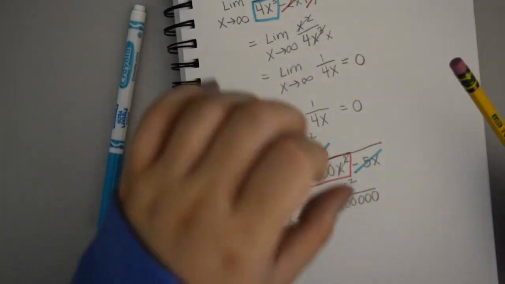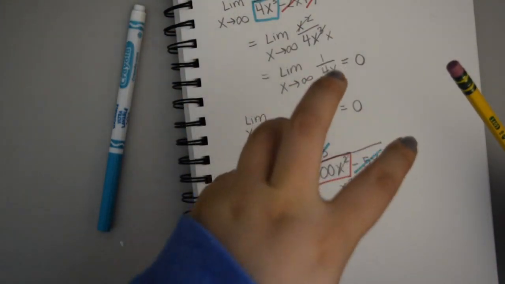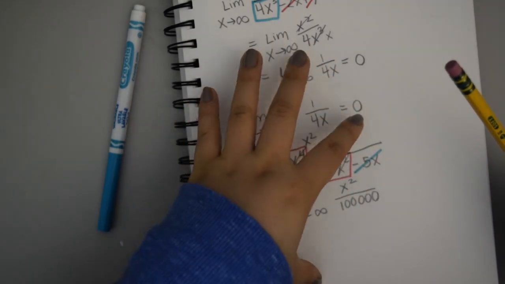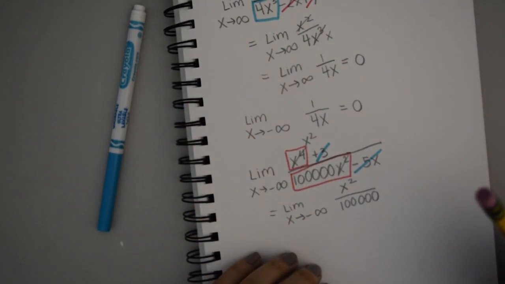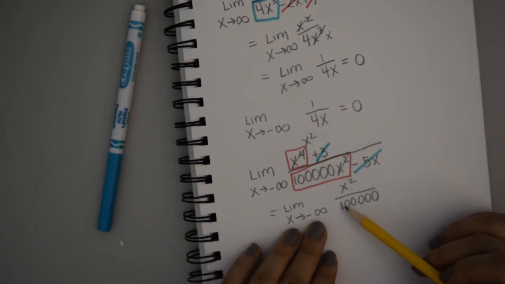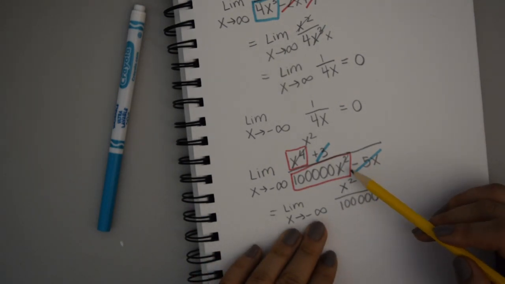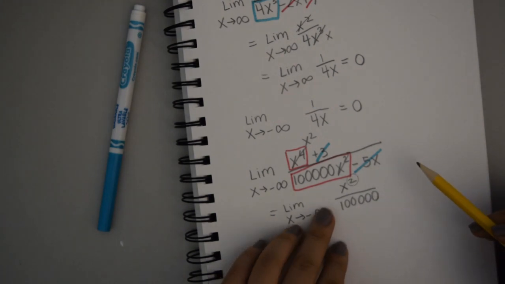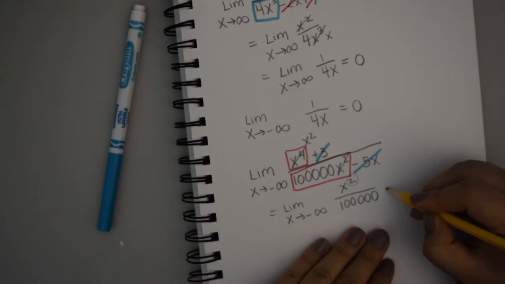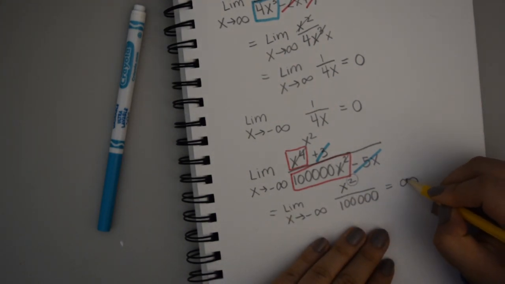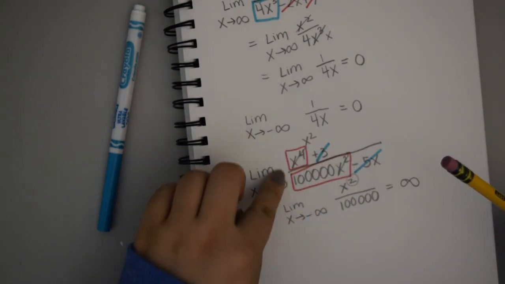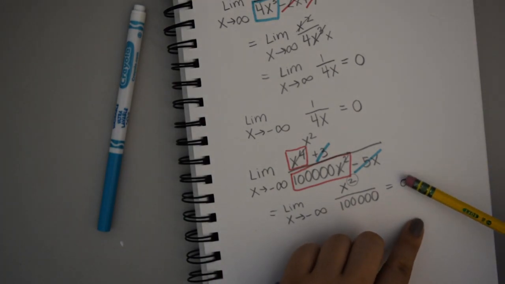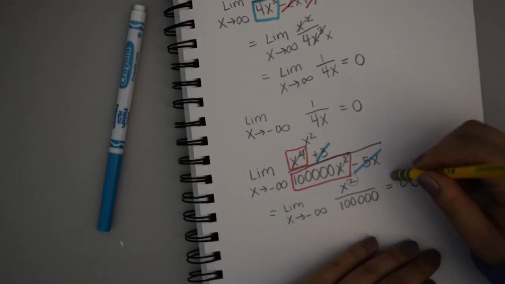So the perspective is so huge, it's so zoomed out that even this coefficient doesn't matter. So as x gets really negative, because this exponent is even, we go to positive infinity, because a negative number squared is positive. So in this case, it's positive infinity.